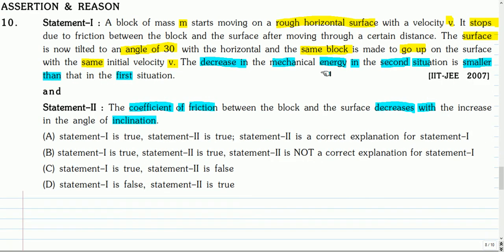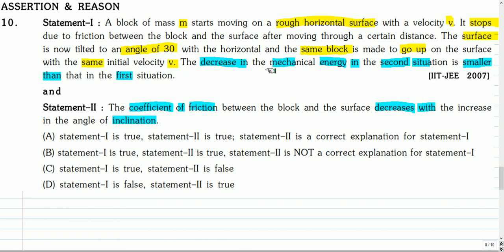This is the next question. Assertion reason type. There are two statements given. Statement 1: A block of mass m starts moving on a rough horizontal surface with a velocity v. It stops due to friction between the block and surface after moving a certain distance. The surface is now tilted to an angle 30 degrees with the horizontal, and the same block is made to go up on the surface with the same initial velocity v.